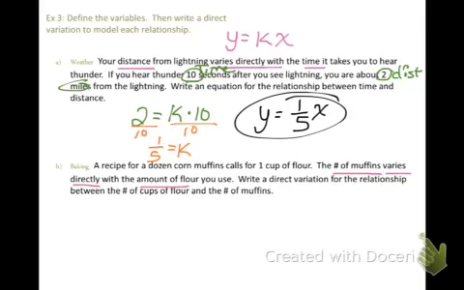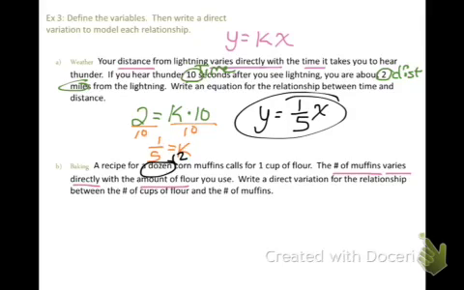So let's look at B. A recipe for a dozen corn muffins. So dozen means 12, right? That's the number of muffins. Calls for 1 cup of flour. The number of muffins varies directly with the amount of flour used. So let's look at it.